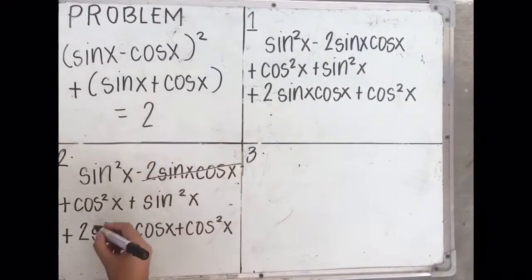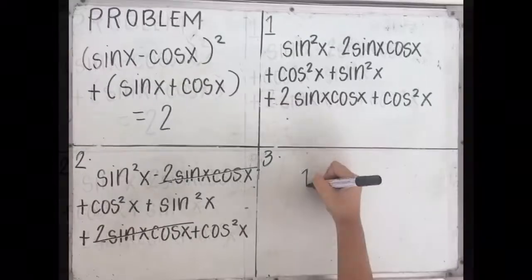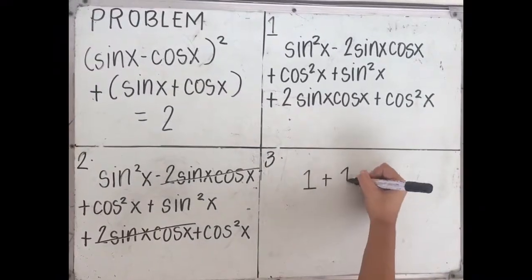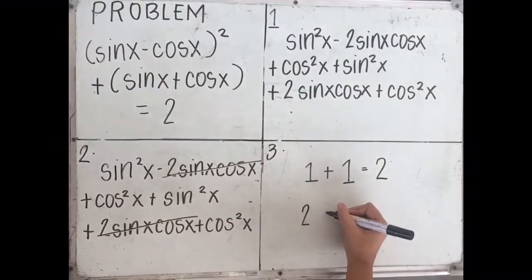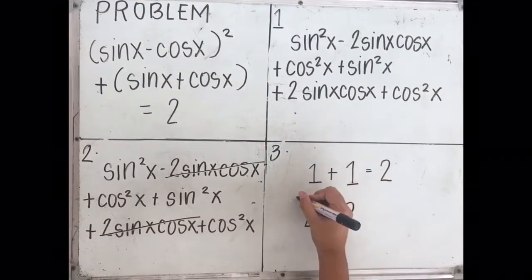So you cancel the 2 sine x and the other one because it's just the same. So we have the third one. 1 plus 1 equals 2. 2 equals 2. So there you have it.